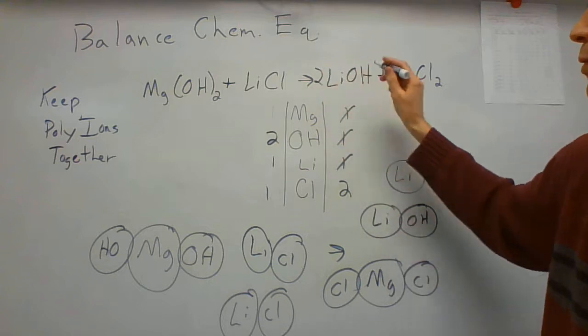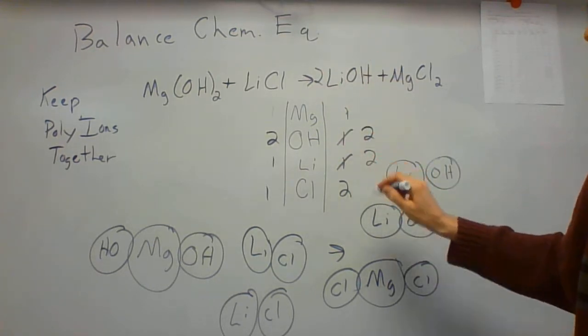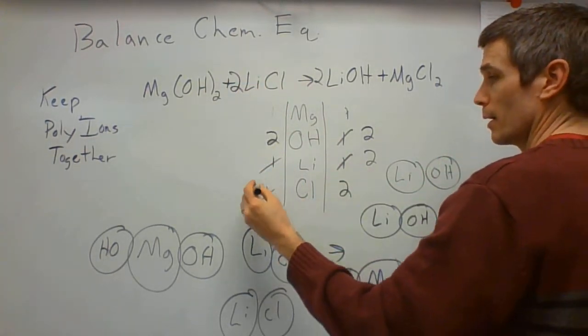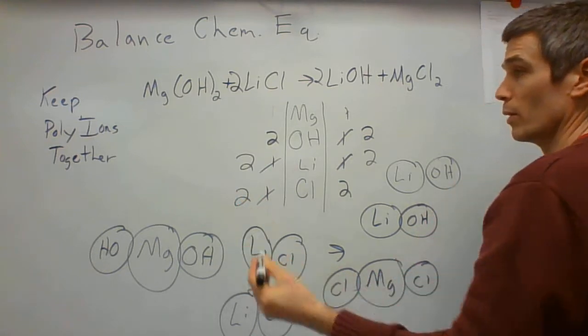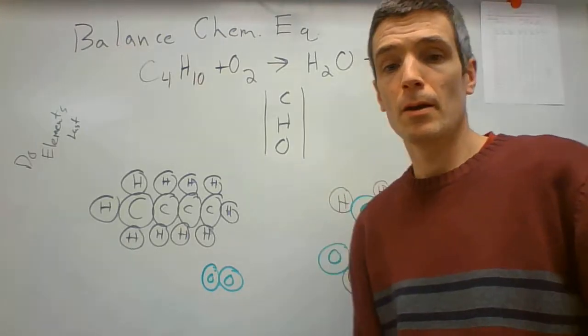So I'm essentially putting a 2 there, and I'm going to get 2 and a 2, and I'm essentially putting a 2 there, and that gives me a 2 and a 2. And now it's balanced.